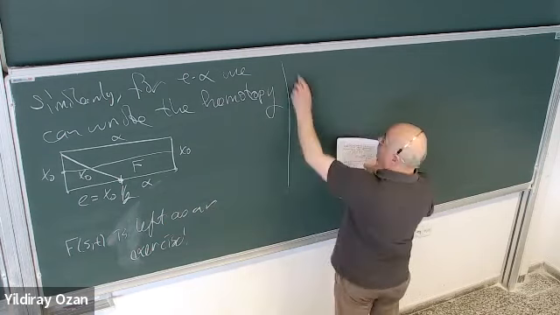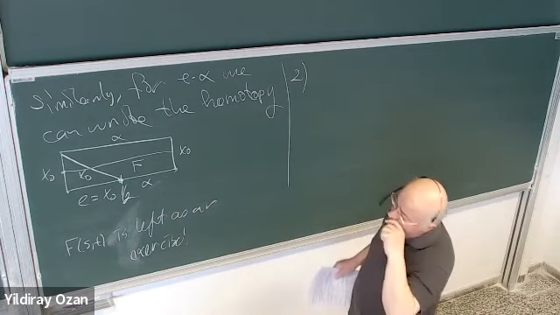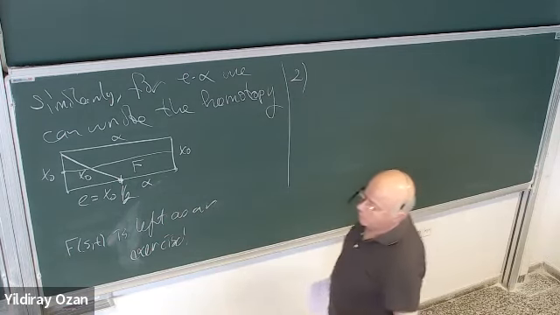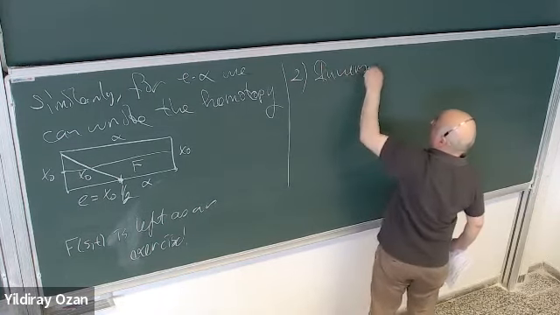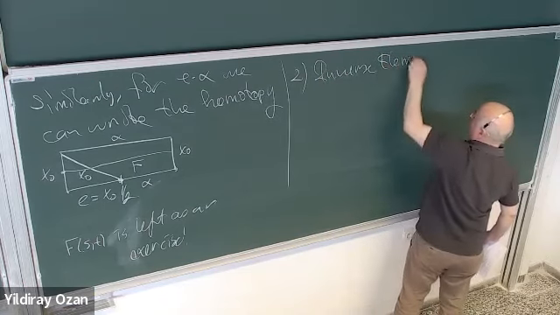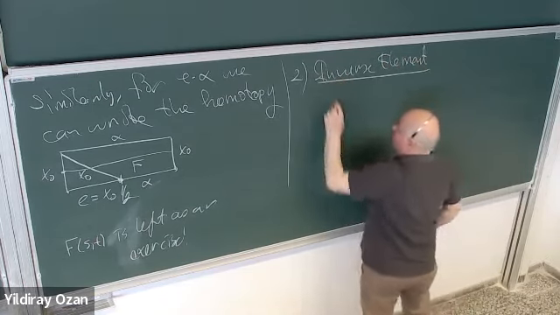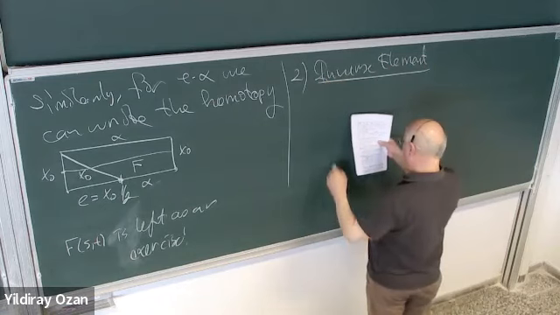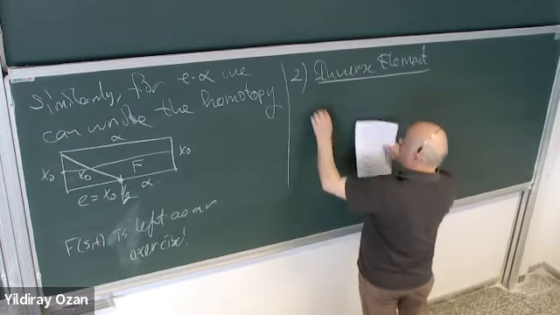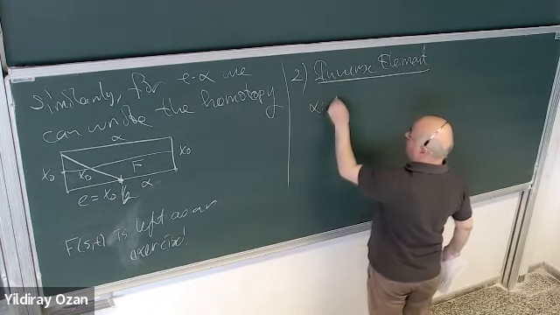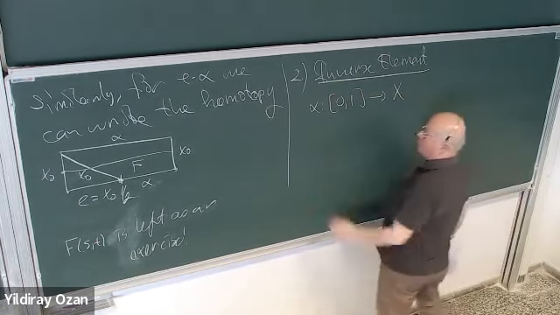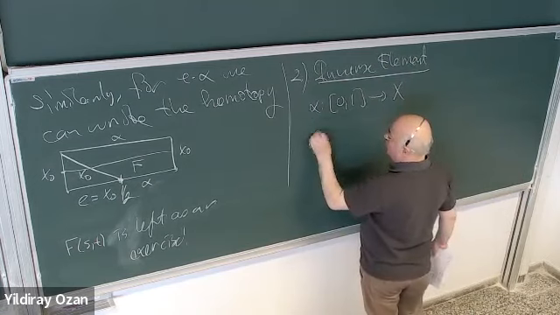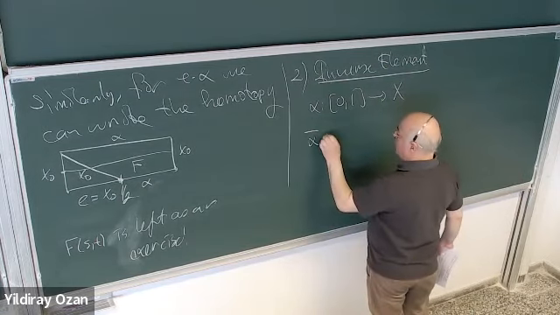Now, the second part is the inverse element. So for any alpha, given alpha from 0 to x, you need to write the inverse element.